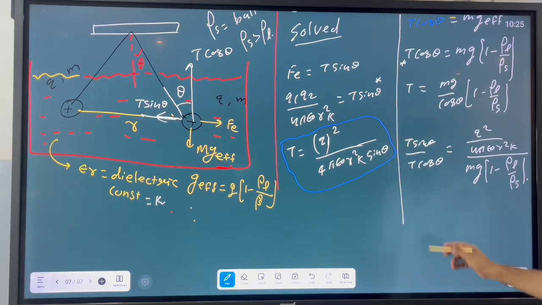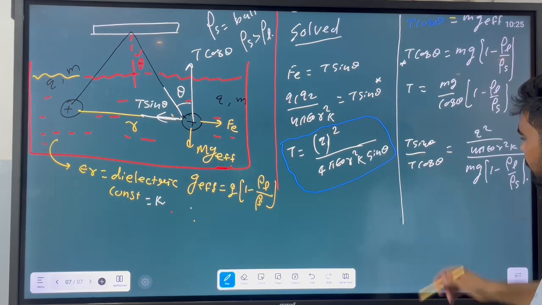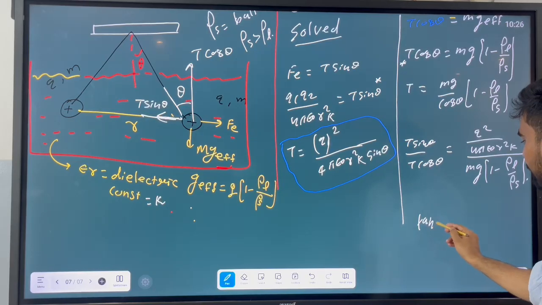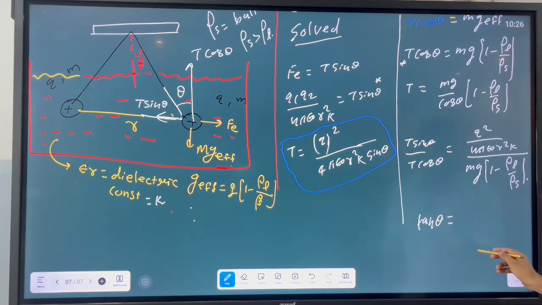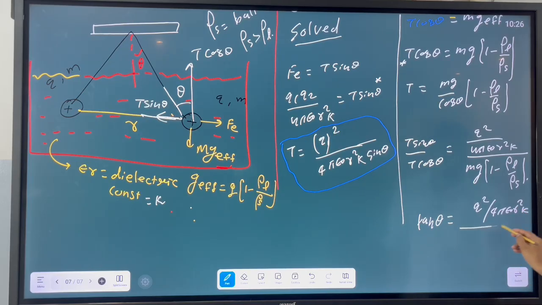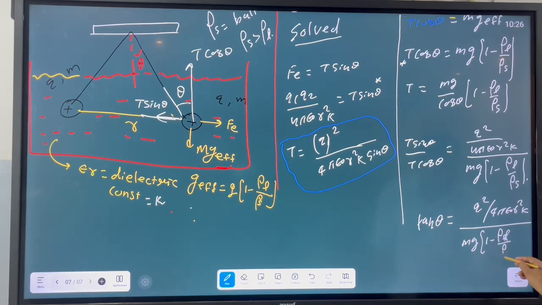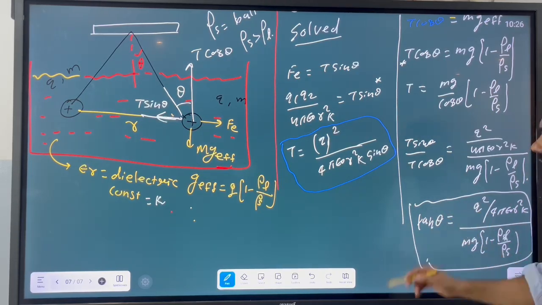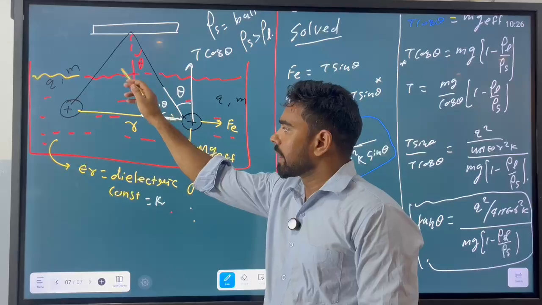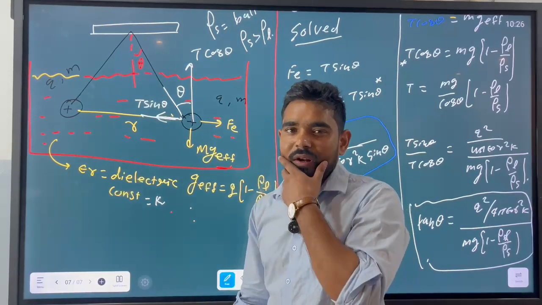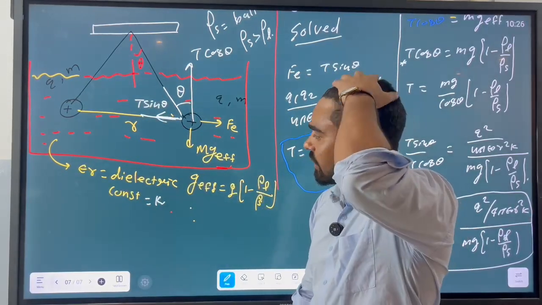Here T cancels out from numerator and denominator, so tan theta equals Q square divided by 4 pi epsilon naught R square K, divided by mg times (1 minus rho L divided by rho S). This is the value of the angle, a very conceptual logic, no difficulty here.